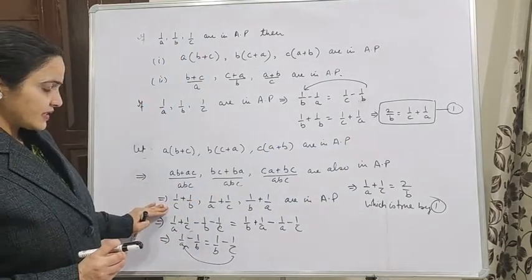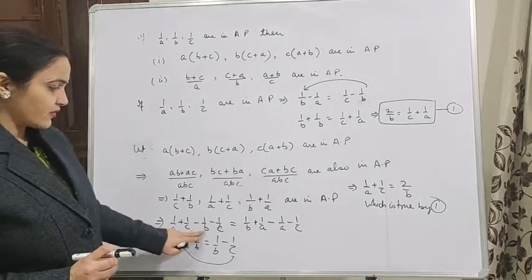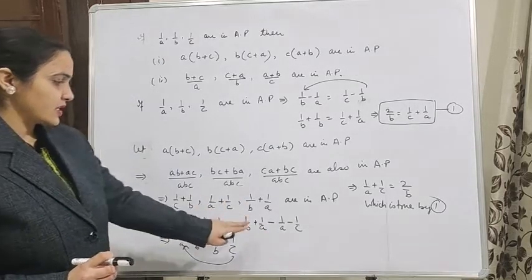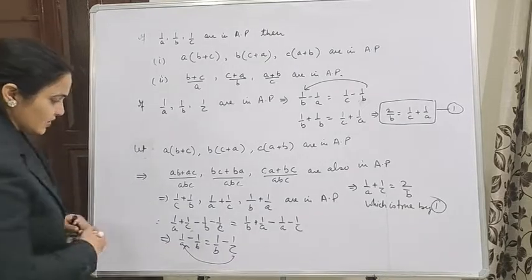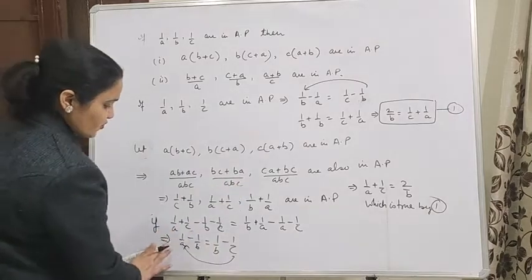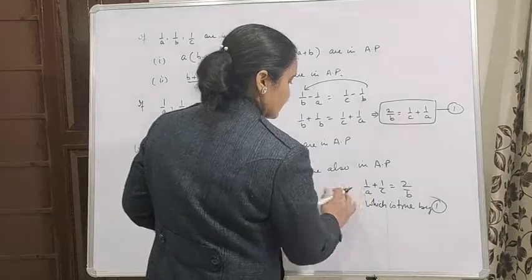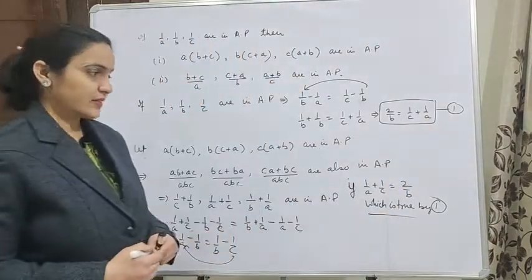And now you will get this. This is an AP if we have difference equal to this, that is second minus first is equal to third minus second. Let us now write here, this is in AP if this is true. If this is true and if this is equal to the given, which is true. Clear?